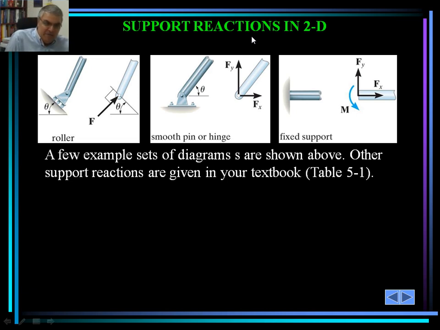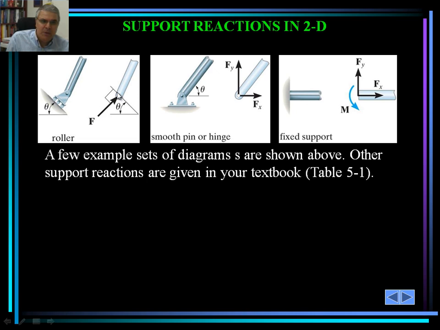So a few example sets of diagrams are shown here. Please note that for a roller, the reaction is perpendicular to the surface on which the support itself rolls on or rolls over. Both terms are used. In this case, there is an angle of theta since the support is put in place the way you see it.